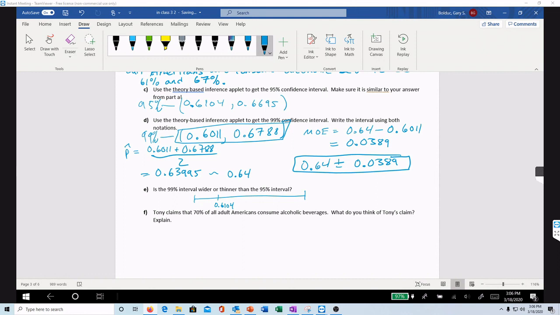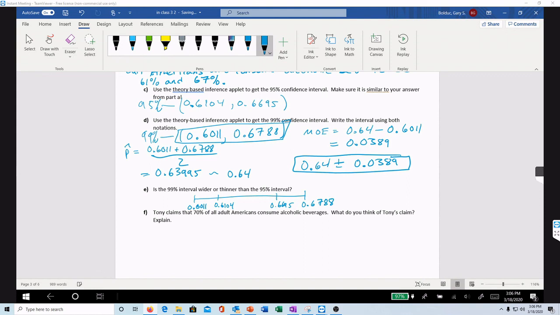Is it smaller or bigger? Well, actually, it's smaller. All right, well, let's put down the other piece of the 99%, 0.6788. All right, is that bigger or smaller than 0.67, right or left? It's on the right. It's bigger.